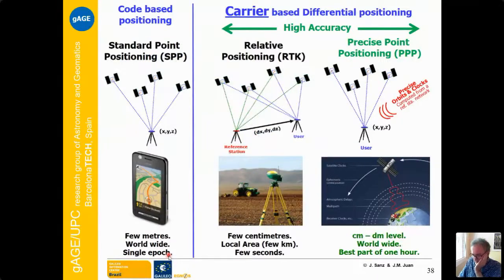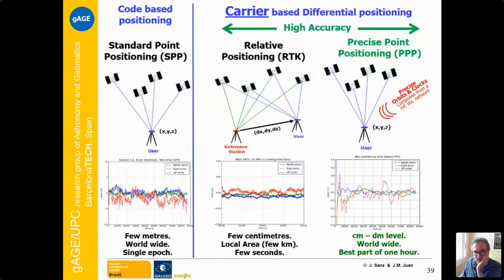Okay, using code we have a few meters. Here in RTK we will have the highest accuracy, this means a few centimeters, and in PPP, precise point positioning, using precise orbits and clocks, we will achieve centimeter to decimeter level accuracy.